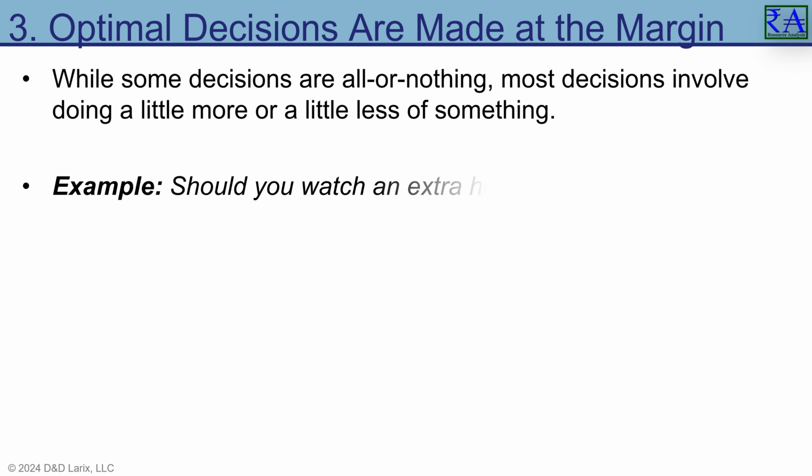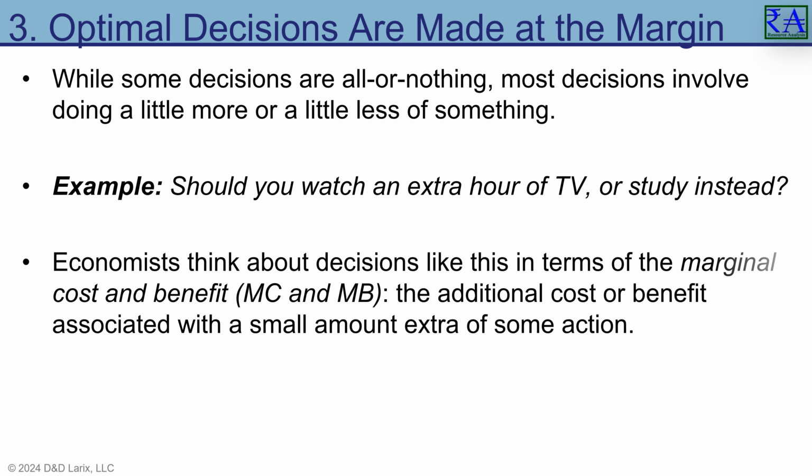Should you watch an extra hour of TV or study instead? Economists analyze such decisions by comparing the marginal cost, MC, and marginal benefit, MB. The marginal cost might include the time you could have spent studying, while the marginal benefit might be the relaxation and enjoyment you gain from watching TV.